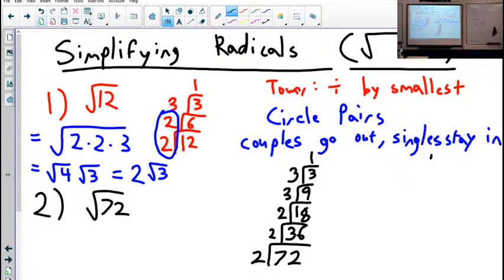The tower's a little taller this time, but we're still going to do the same thing. We're going to circle our pairs. I've got a pair of 2's here. This 2 doesn't have a pair with it, so I'm not going to circle it. But these 3's, they're a pair.